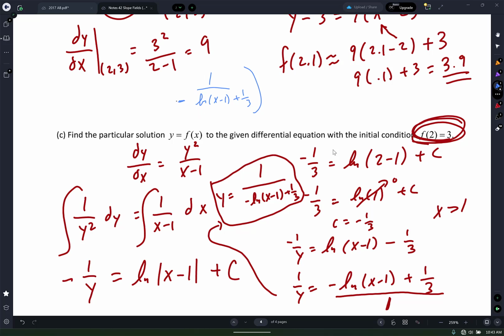So either put it right in front of the ln so there is no discrepancy, or an even better way, put the 1/3 in the front minus ln, and then there is no discrepancy. It's ln that's minus. Do you guys see that? So make sure that negative doesn't float, guys.